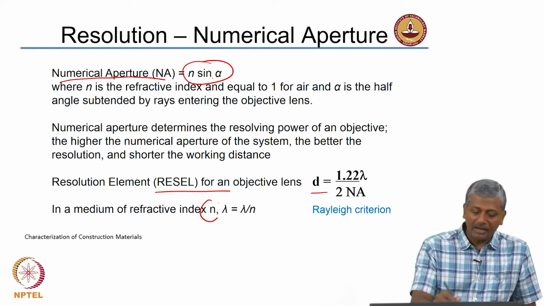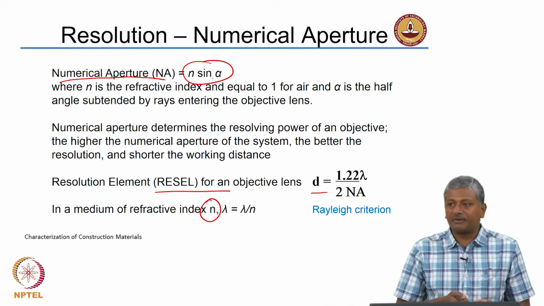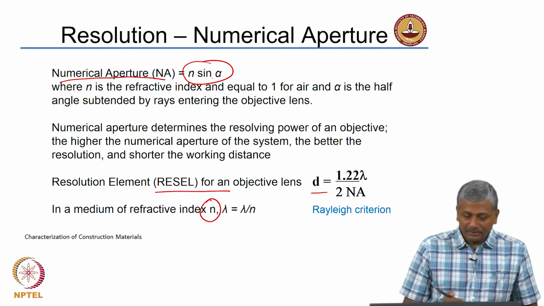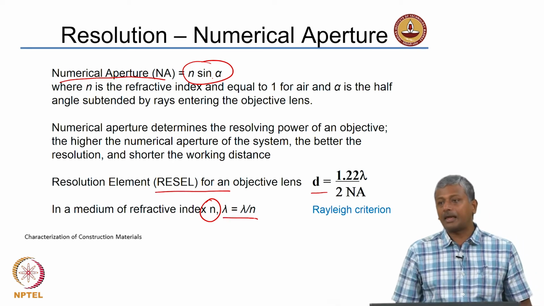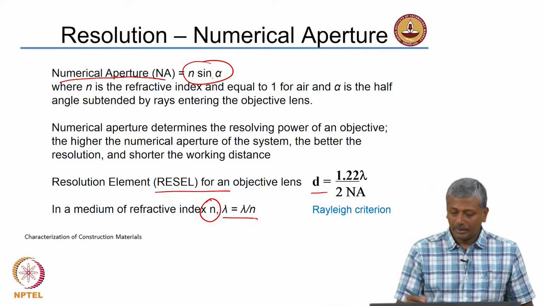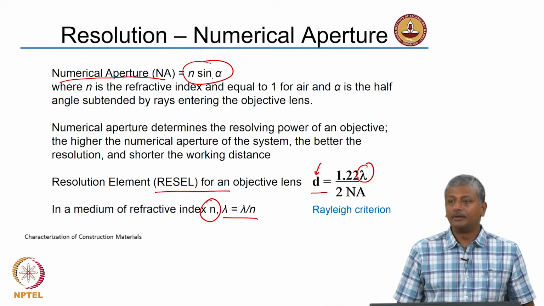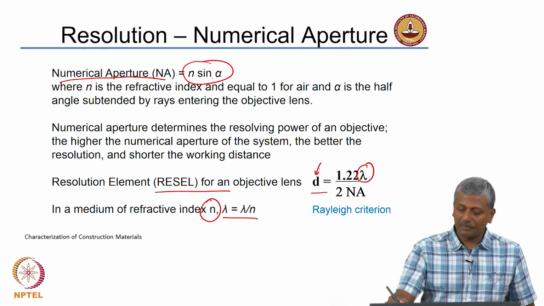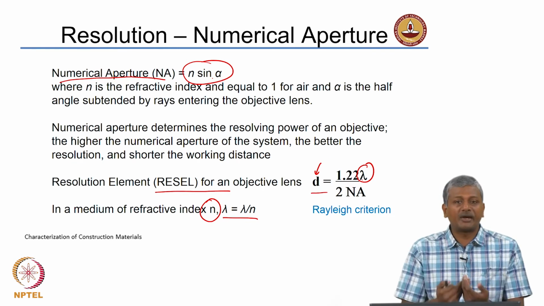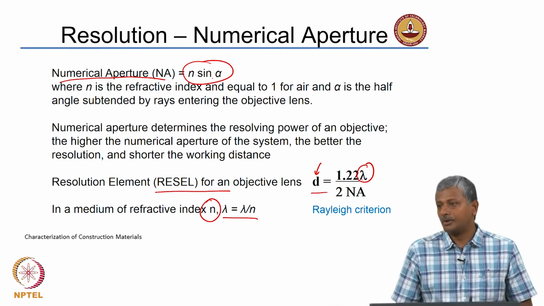If you are trying to have a different medium in between your objective lens and the sample of a different refractive index n, then your lambda effectively becomes lambda divided by n. Again, what will that do? It will reduce this lambda, so it will improve the resolution element. Okay. If lambda gets lower, your d also gets lower in terms of resolution. That means you have a better resolution if d becomes lower.